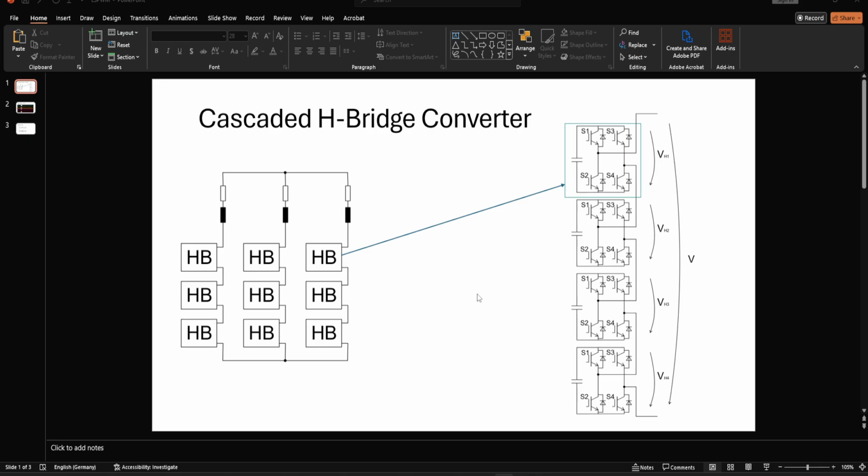Could be the phase shifted PWM or level shifted PWM. These are the two mostly used PWM schemes. And today I'm going to discuss level shifted pulse width modulation.